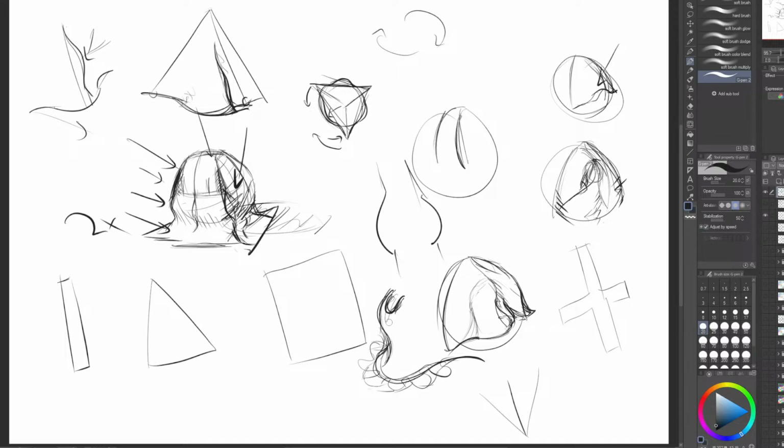Like hats do that, right? Cowboy hats, skirts. This could be a skirt, right? And then, I don't know, you've got this kind of fancy tail or whatever that's doing its thing.